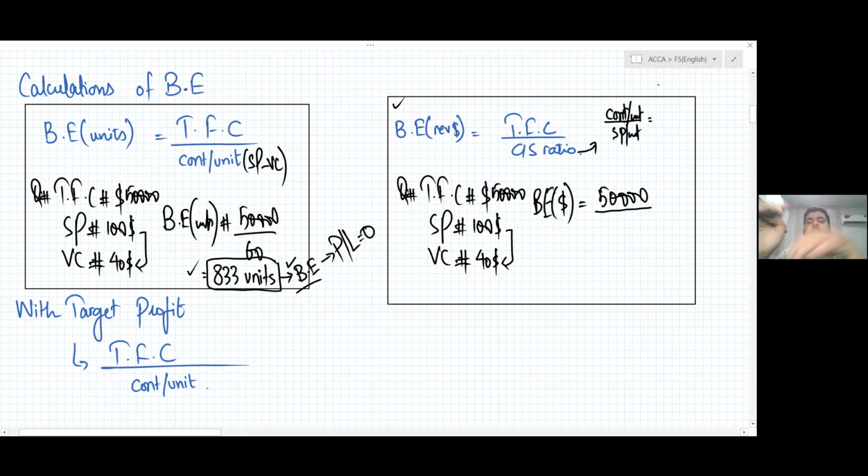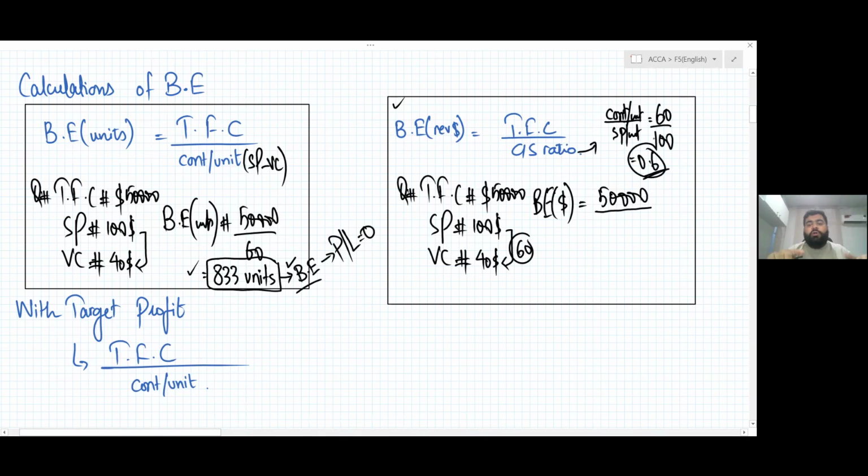So both of the values should be either total or per unit, right? So contribution per unit is 100 minus 40, which is 60. We take it to the numerator, divided by selling price, 100. Means your contribution to sales ratio is 0.6.